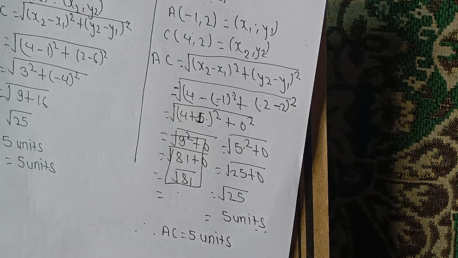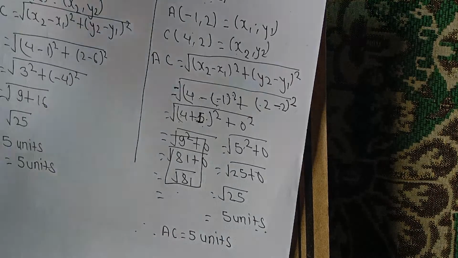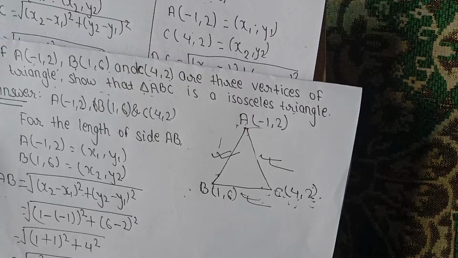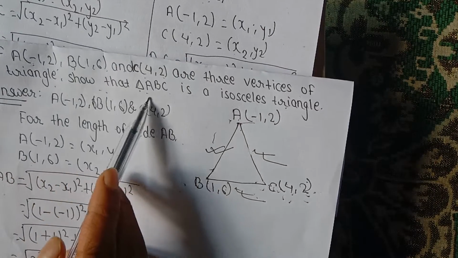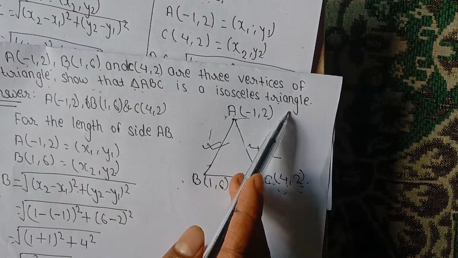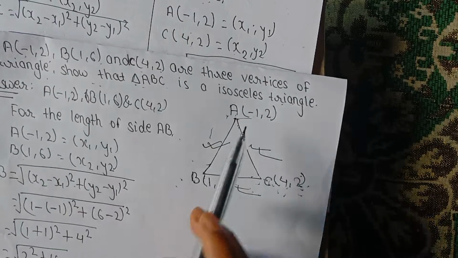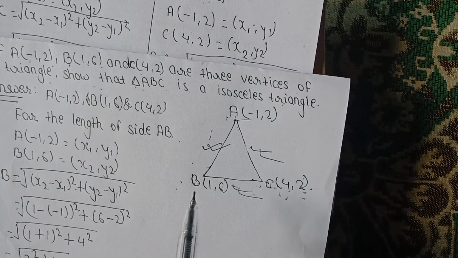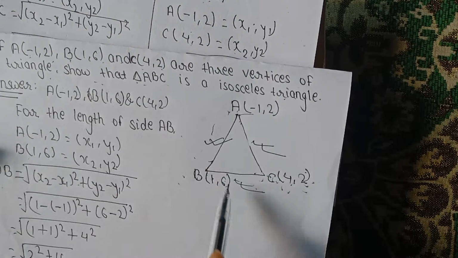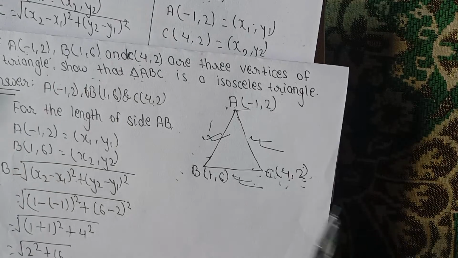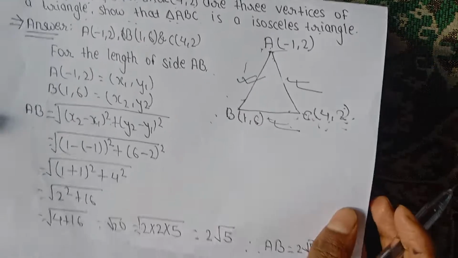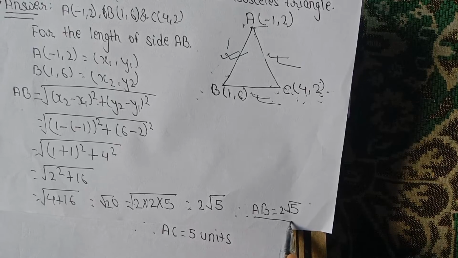So let's go back to the question now. Here, look at it. We have to show that triangle ABC is an isosceles triangle. So let's see now whether it is an isosceles triangle, equilateral triangle, or scalene triangle. Yes, I think you already know it. So look at here. Here AB equals 2 root 5.